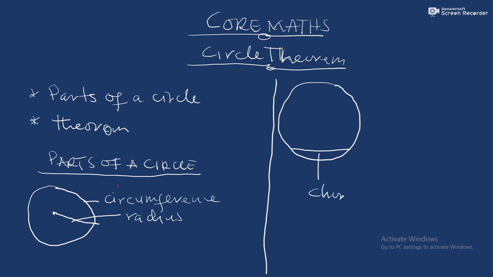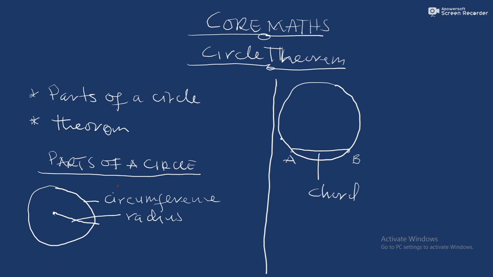So this is a line within a circle that touches the circumference at 2 points. Let's label this point as A, and this point as B. Now this line AB is a chord because it is a line within a circle and it touches the circumference at 2 points.